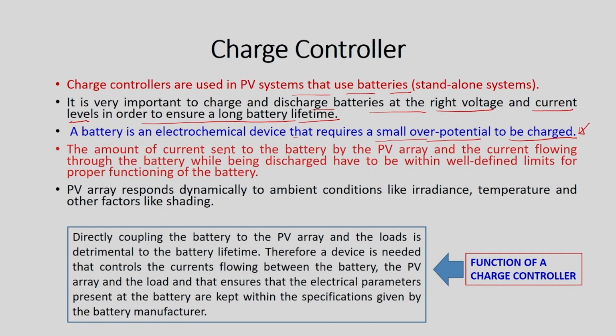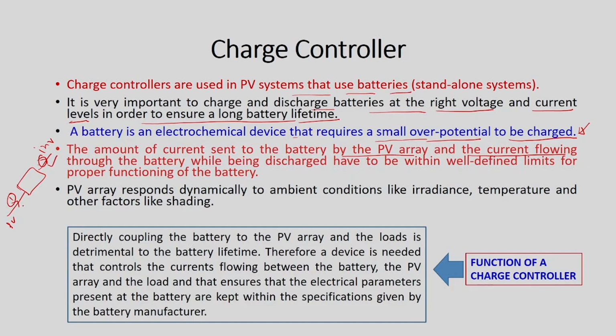The amount of current sent to the battery by the PV array and the current flowing out of the battery. If we consider a battery, the current flows from the PV into it and then goes out from the battery, maybe to an inverter. I am talking about this current and this current.